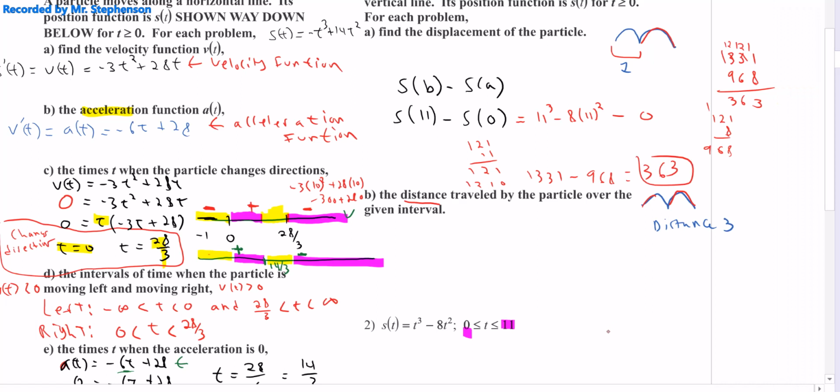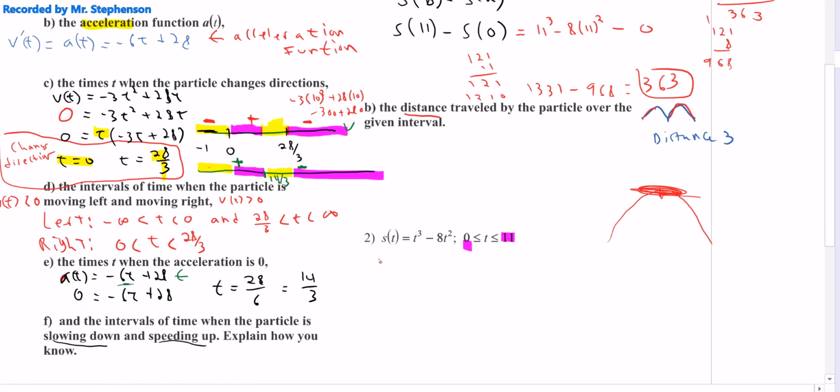Now the distance, we have to take into account the fact that we may have gone up and then back again. So the way we figure this out is, if I did change directions, think about what that says. If I'm changing directions, what has to happen? Well, the velocity has to equal 0. So to figure out if it changed directions, I need to determine if the velocity was ever 0.